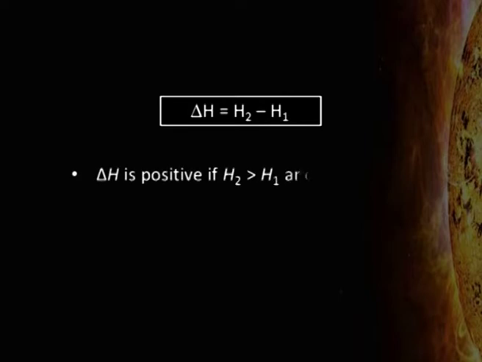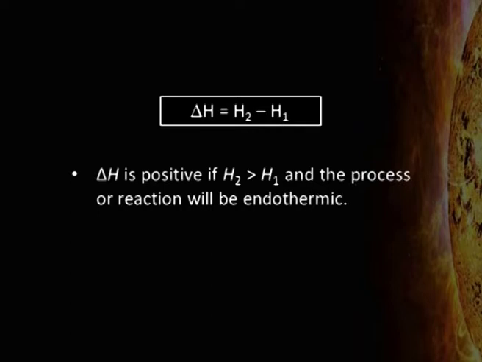As enthalpy is a state function, the change in enthalpy, that is delta H, can be represented as H2 minus H1. Delta H will have a positive sign if final enthalpy is greater than initial enthalpy, that is H2 is greater than H1. When delta H has a positive sign, the process is said to be an endothermic process.